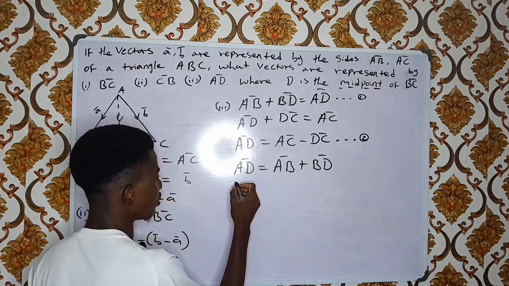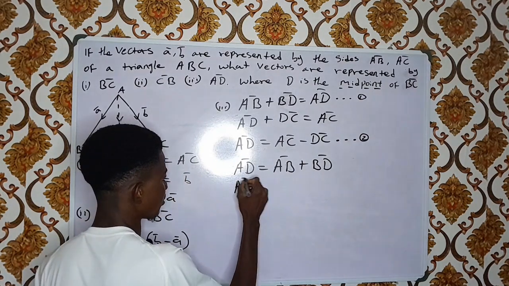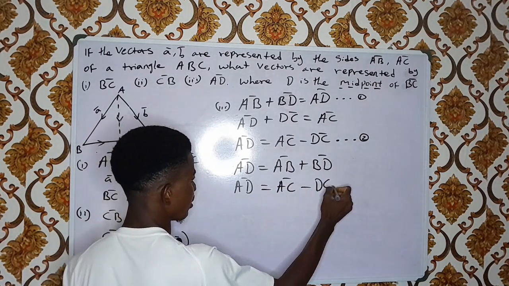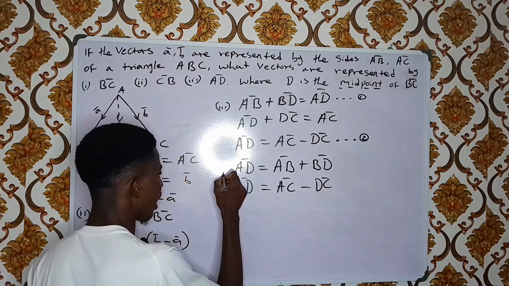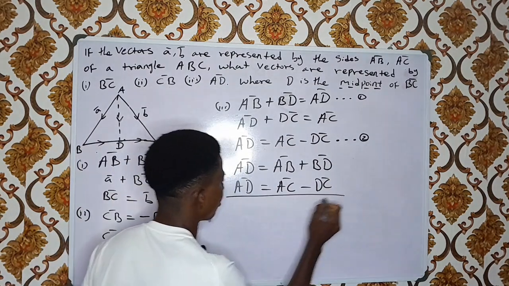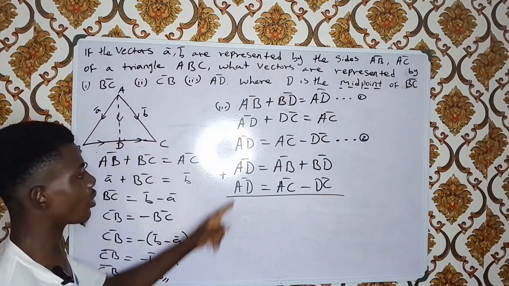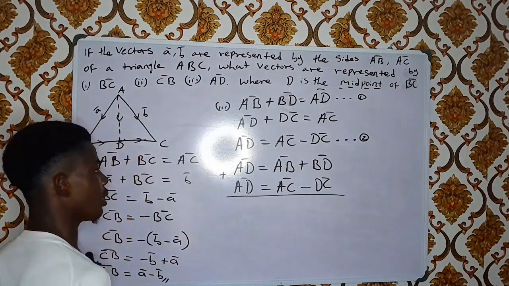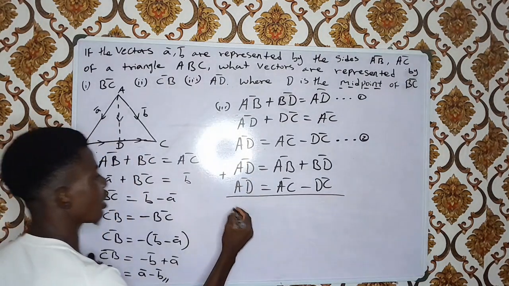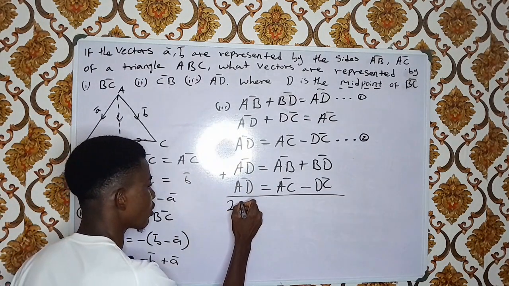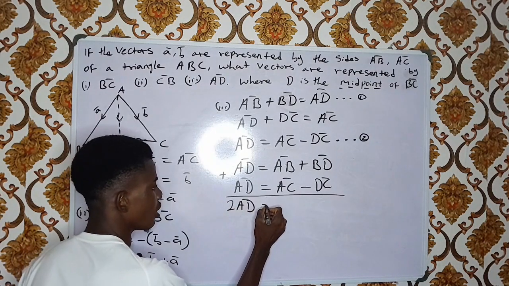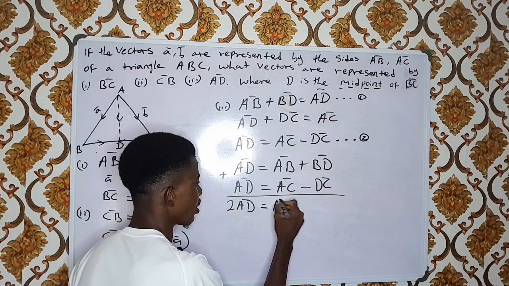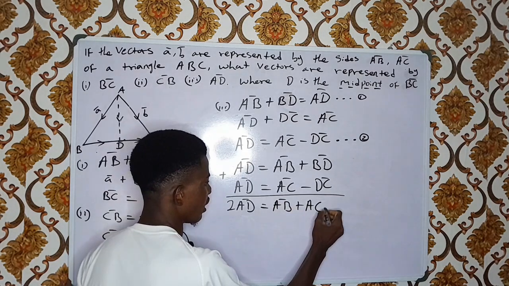From equation 2, we have AD is equal to AC minus DC. We add them together because we are looking for AD. So we add them to have AD. If we add them together, we have 2AD equal to, if you add this, AB plus AC.